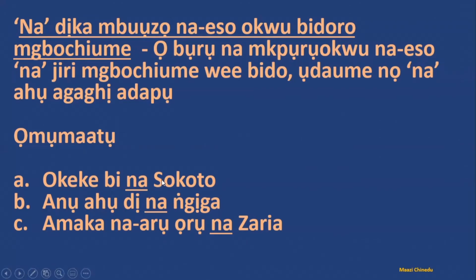Mgbe ị hụrụ nke a n'ahịrịokwu, mara na n'ebe ahụ na-arụ ọrụ dịka mbuzo, mana ọ bụ mbuzo nke na-eso okwu bidoro na mgbochiume. Okeke bi na Sokoto. Anụ ahụ dị na ngịga. Amaka na-arụ ọrụ na Zaria.